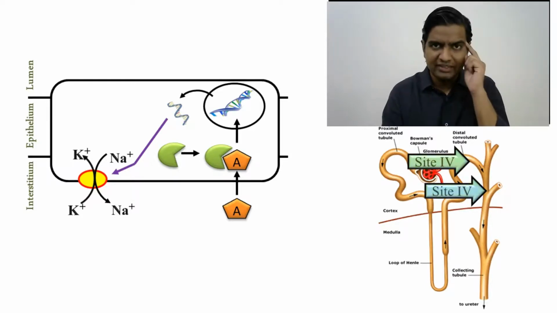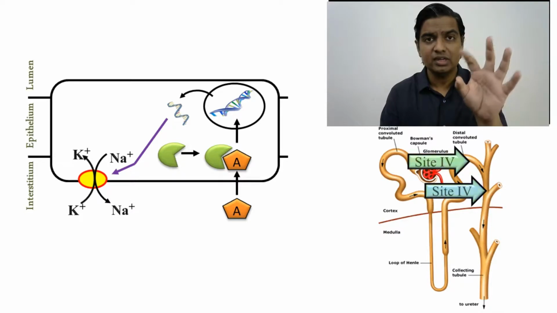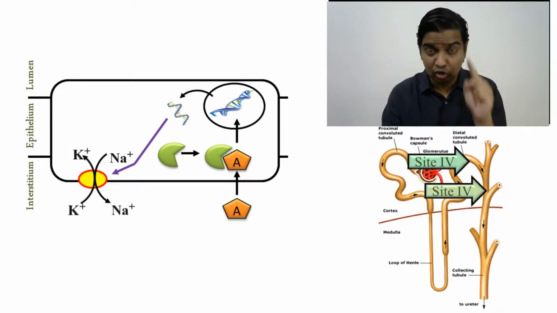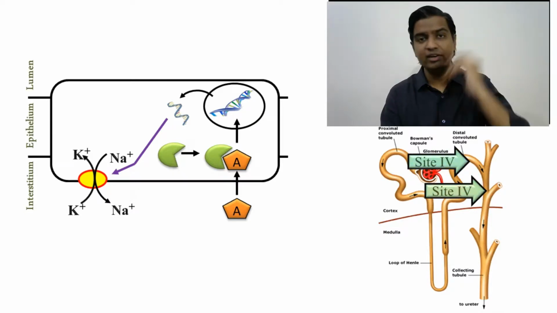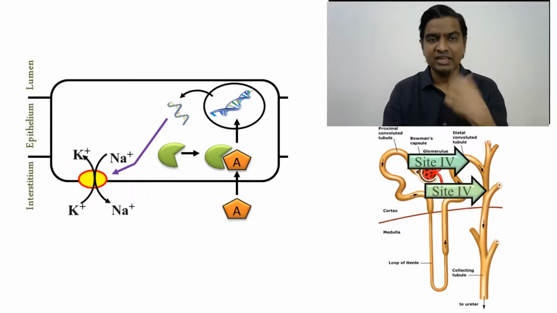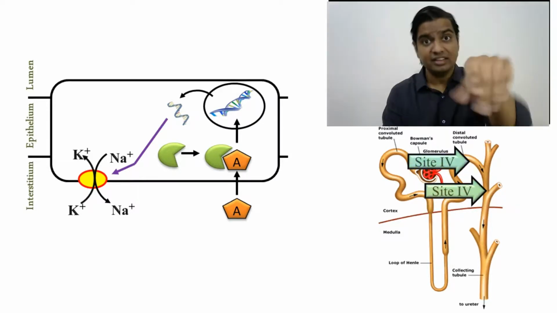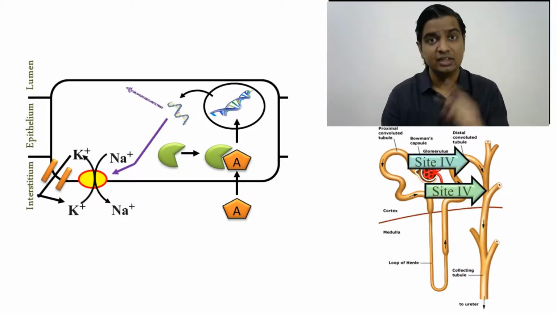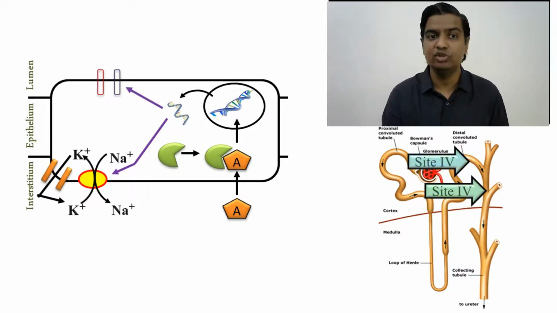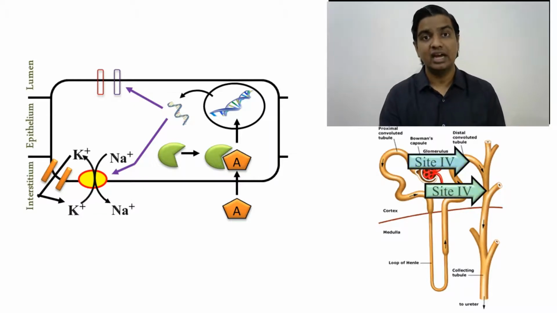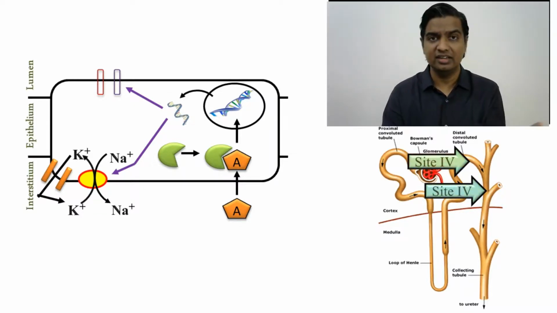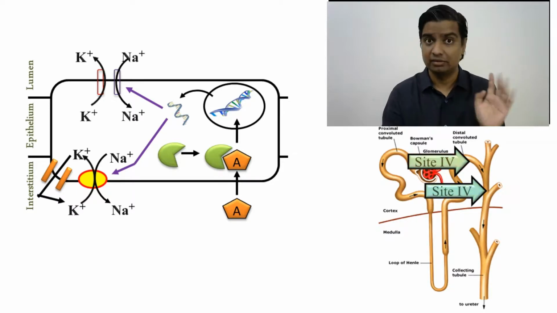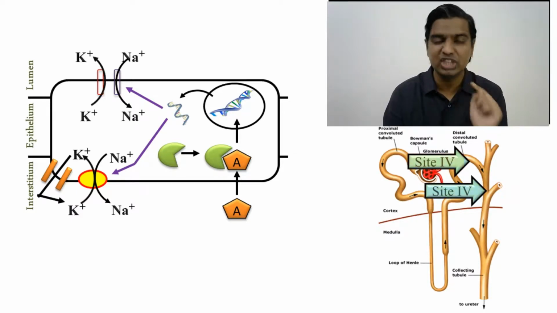Now you might be thinking, if this pump is removing sodium from the cell and giving it to the blood, then it means that the level of sodium inside the cell is falling. Exactly, yes. And that's the reason why there's one more aldosterone induced protein which is formed. This protein is called the amiloride sensitive sodium channel. This is not a pump, this is a sodium channel.